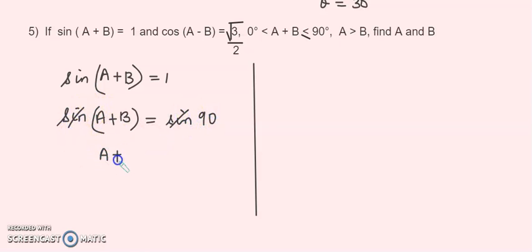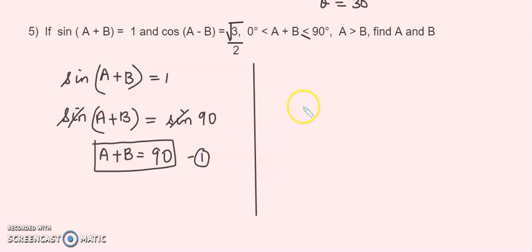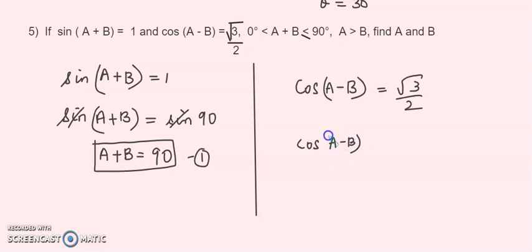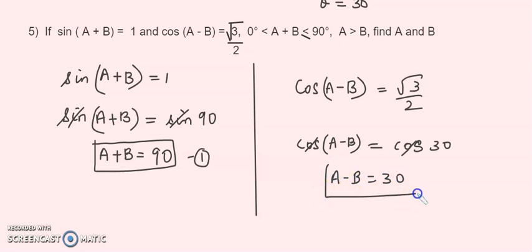So you get A plus B equals 90. This is our first equation, right? Let's talk about the second equation, which is cos(A minus B) equal to root 3 by 2. Which angle of cos is root 3 by 2? Yes, it's cos 30. Right? So I'll get A minus B equal to 30, which is equation number 2.